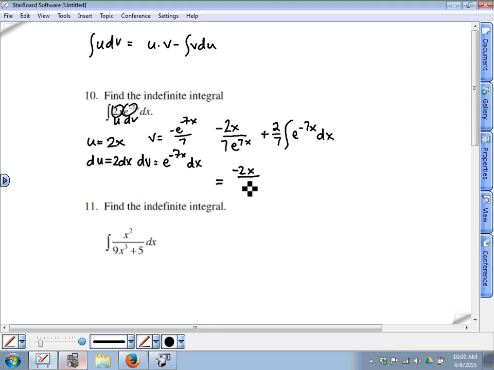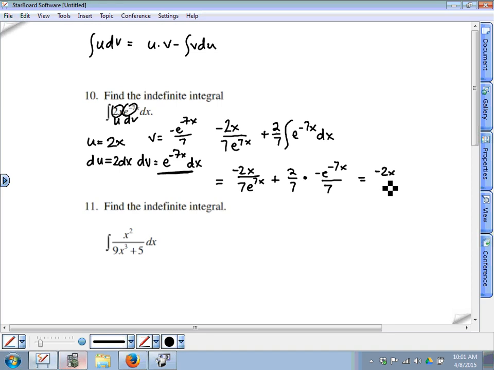So it's negative 2x over 7e to the 7x plus 2 over 7 multiplied. Now the integral of e to the negative 7x, we just did that here. It was negative e to the negative 7x over 7.